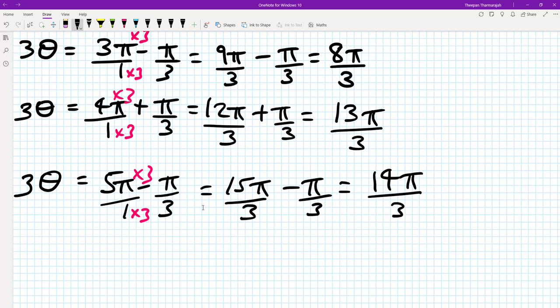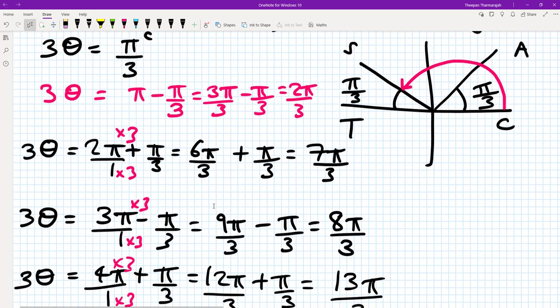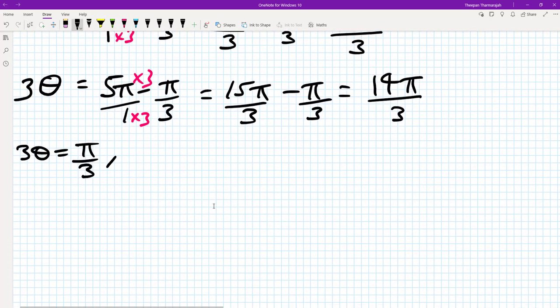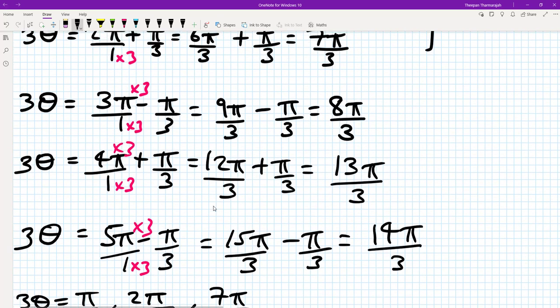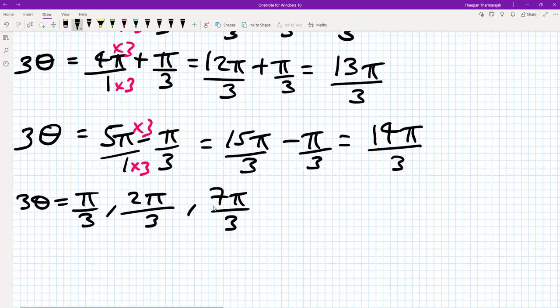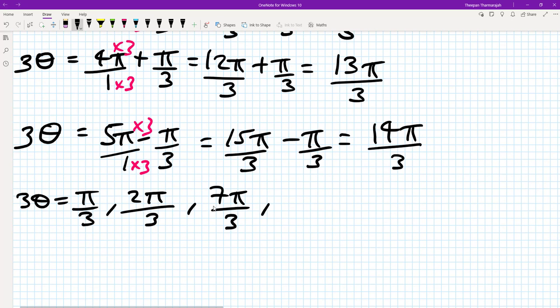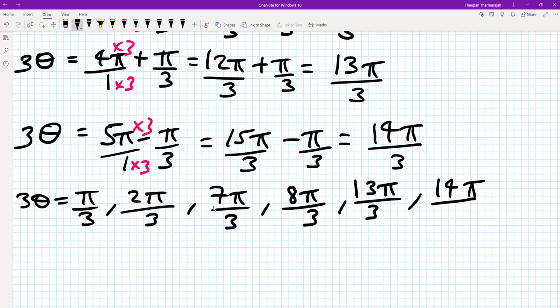So now what we're going to do is list the solutions in terms of 3 theta. So we get pi over 3, followed by 2 pi over 3. Then we had 7 pi over 3. Let's just check. And then we've got 8 pi over 3. Then we've got 13 pi over 3, followed by 14 pi over 3, respectively.